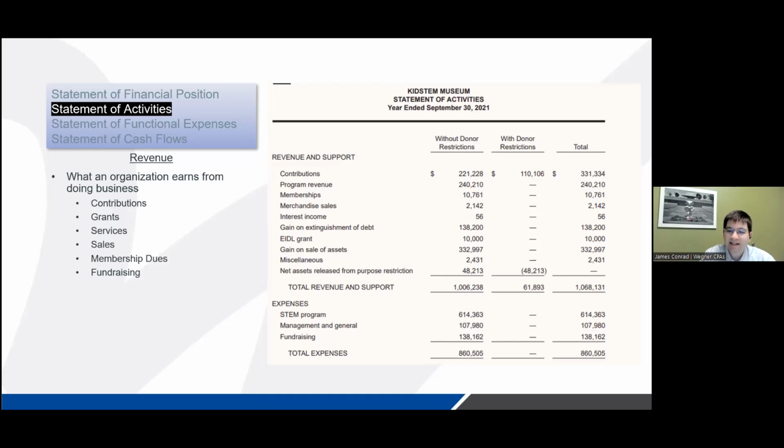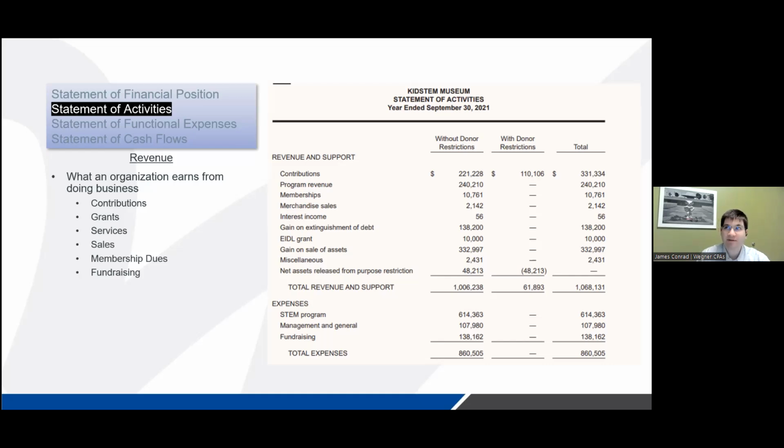Usually a grant has an application aspect to it as opposed to a contribution, which can be solicited, but it has an unsolicited aspect to it. Services, where you have that exchange transaction that I mentioned before. A government entity can basically subcontract to your organization to provide services, and they will pay you.